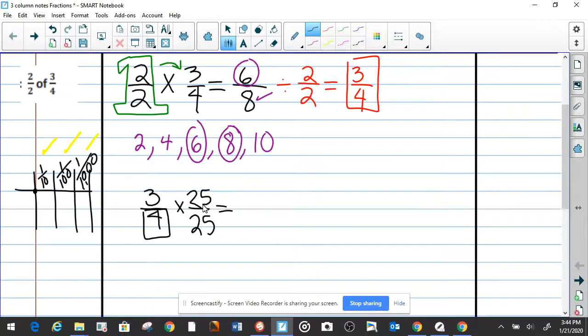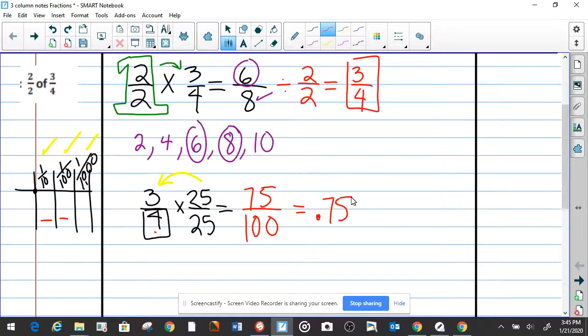If we do this, 25 times 3 yields 75, and 4 times 25 equals 100. So this 3/4 is 75/100. So now we write it as a decimal. Okay, that is part 1.